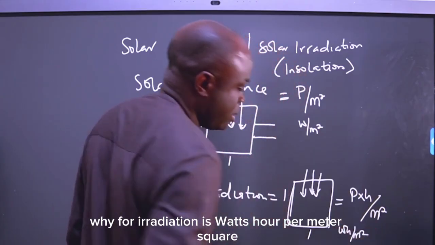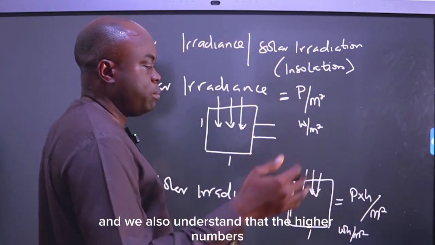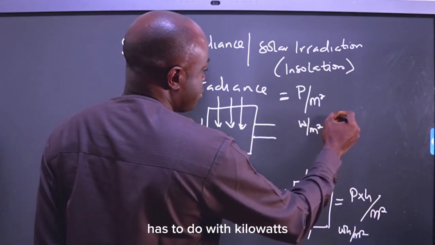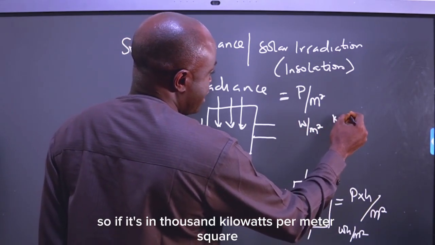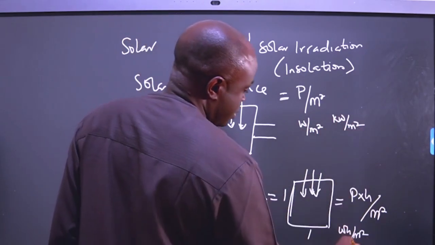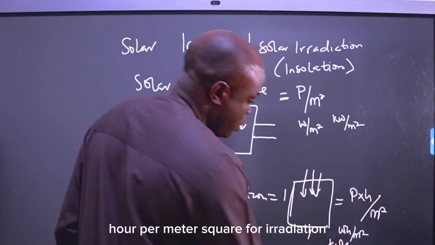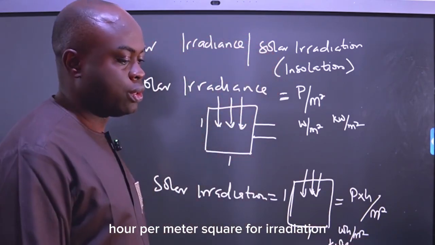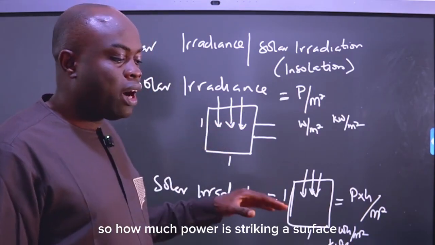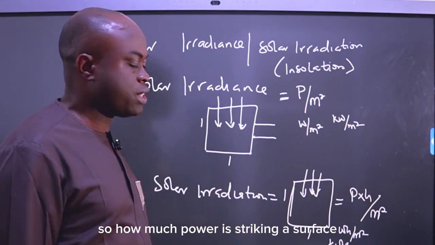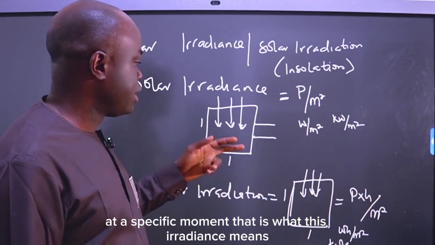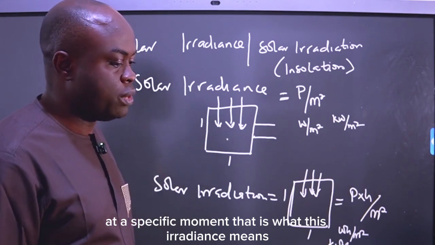And we also understand that the higher numbers have to do with kilowatts. So if irradiance is in kilowatts per meter square, then irradiation is kilowatt hours per meter square. So how much power is striking a surface at a specific moment? That is what irradiance means.